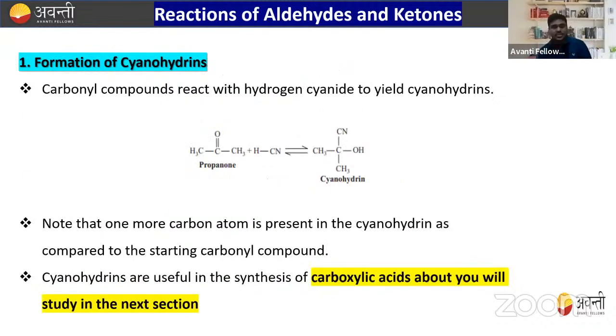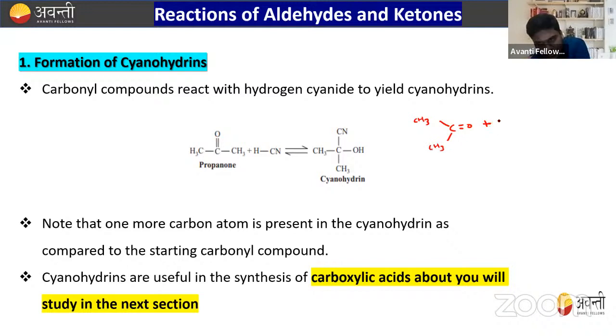For example, the formation of cyanohydrin. Let's see how it takes place. Basically, a carbonyl compound reacts with hydrogen cyanide to give a cyanohydrin. For example, take propanone. We have a C=O with two CH3 groups.